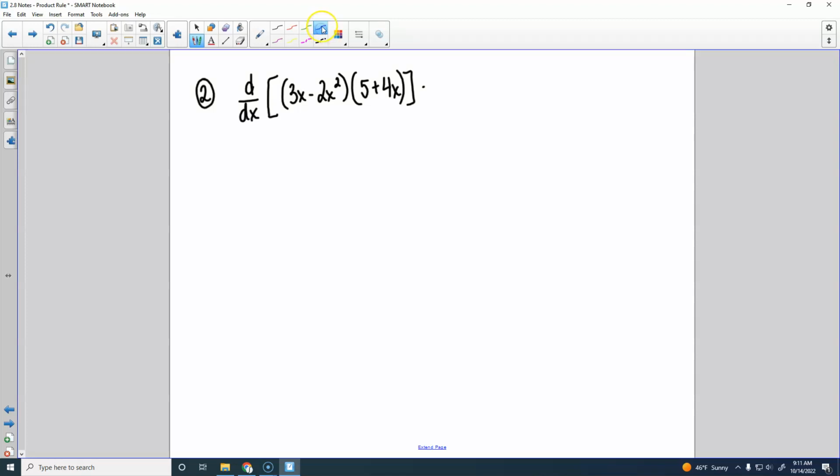Your other option for doing this is to just distribute here. So you'd get 15x plus 12x squared minus 10x squared minus 8x to the third.